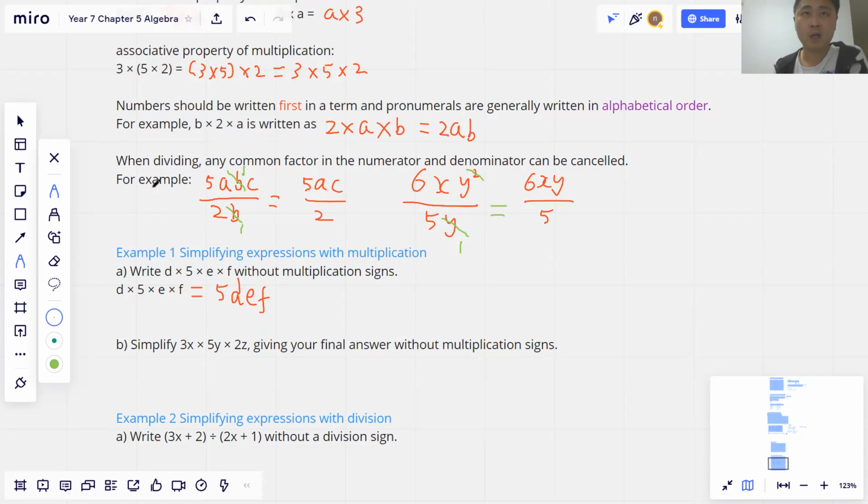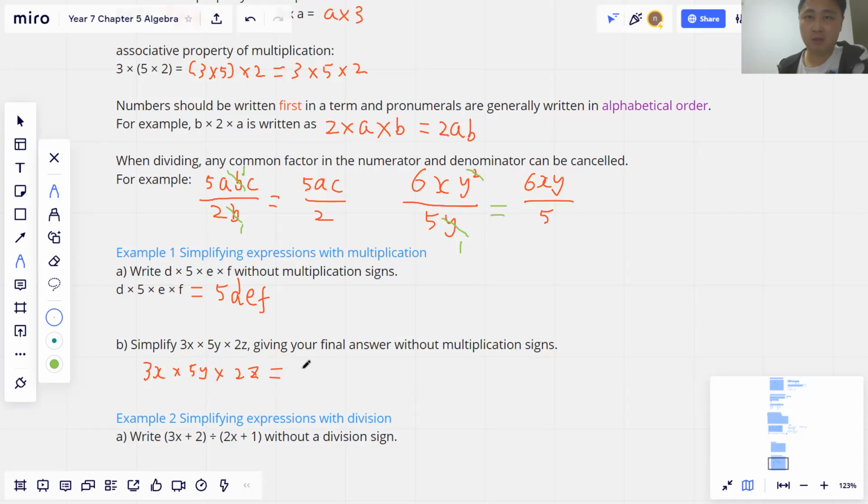For the next question, we need to simplify 3x times 5y times 2z. I write down the equation here first: 3x times 5y times 2z. Similar to before, we multiply the numbers first. So we have 3 times by 5 times by 2.